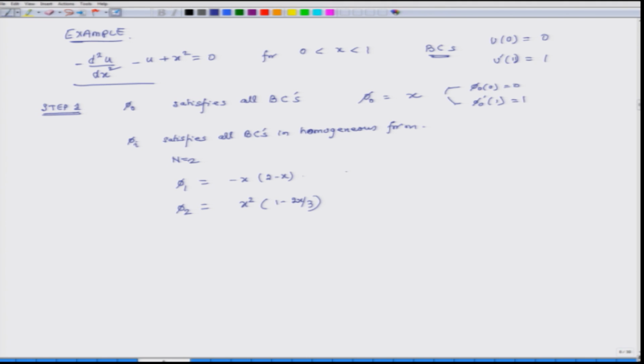So this satisfies both the boundary conditions in homogeneous form, this is very important, and the same thing is true for phi 2 also. So phi 1 and phi 2 have to satisfy the homogeneous form of the boundary conditions. So this is important.